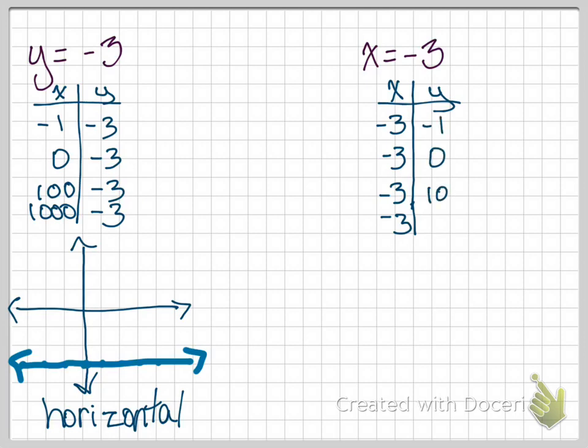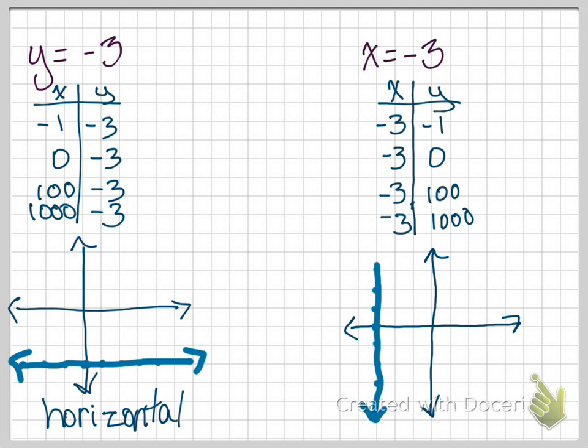It can be 100. It can be 1,000. Okay? But my x values are always -3. So here's my x-intercept right here. But all the rest of them are -3.